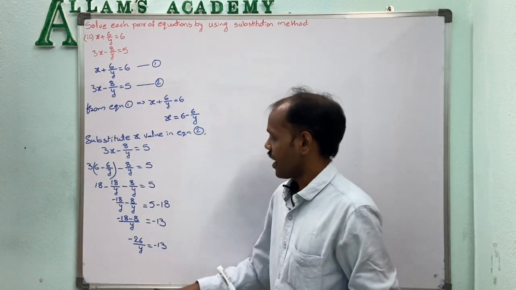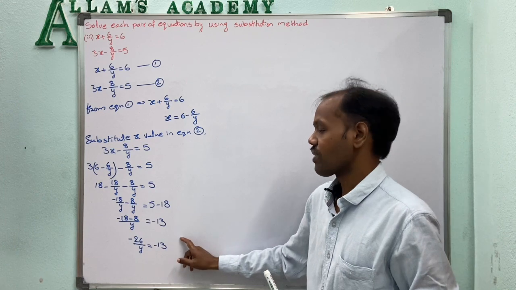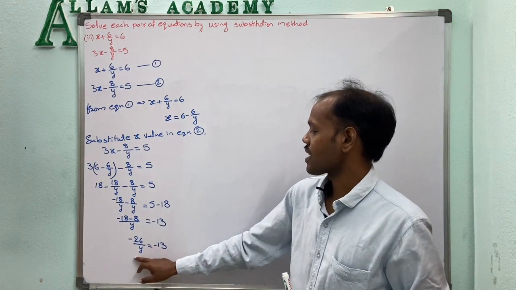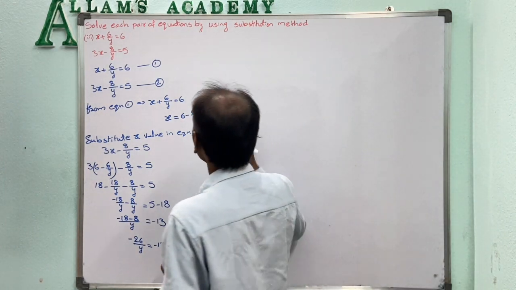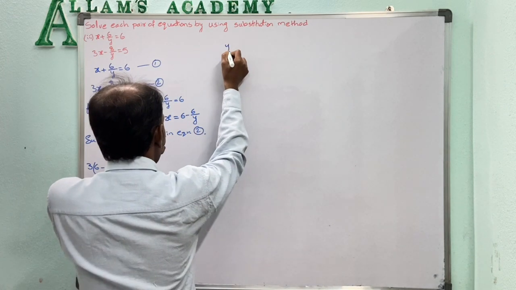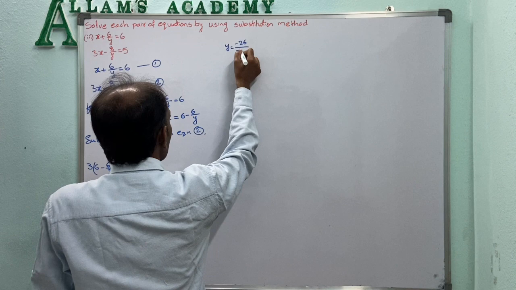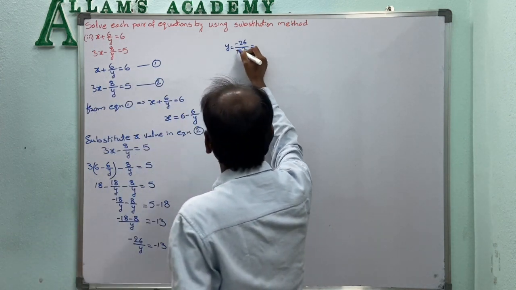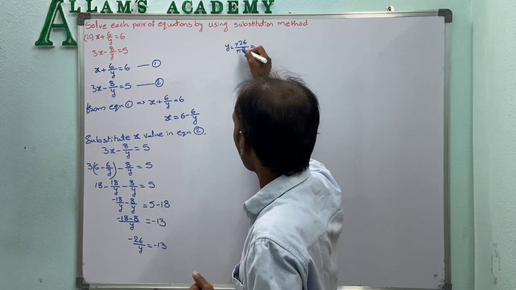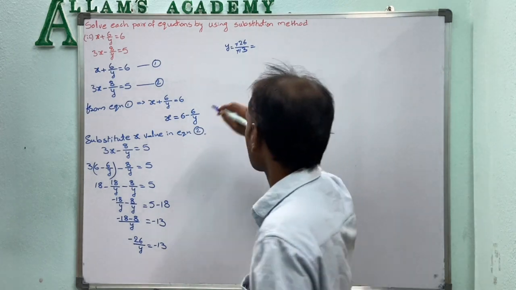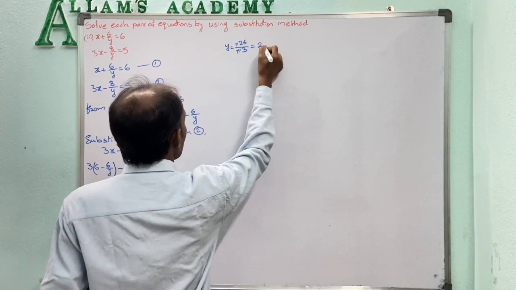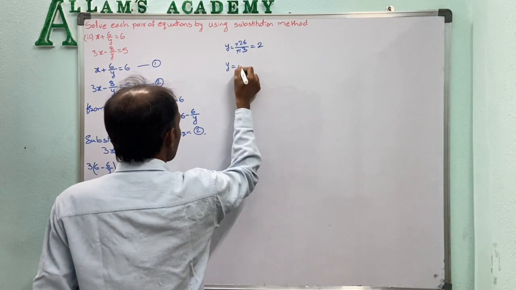Now to find the y value, y transfers to this side and minus 13 transfers to this side. Now we can write y equal to minus 26 by minus 13. Minus minus gets cancelled, and 13 twos are 26. So y equal to 2.